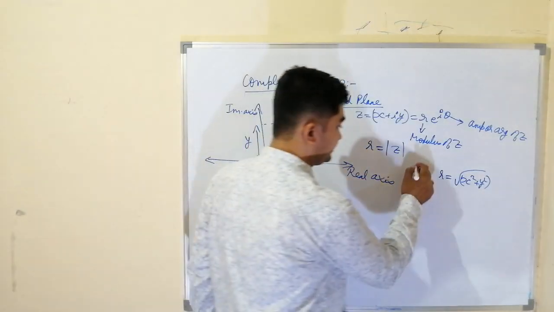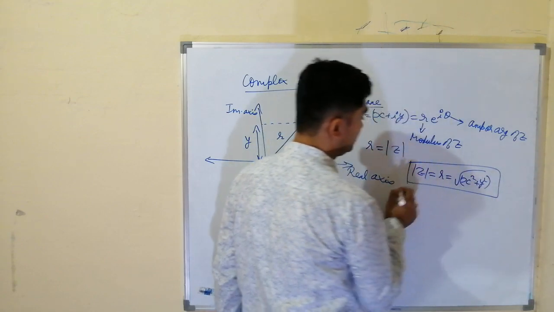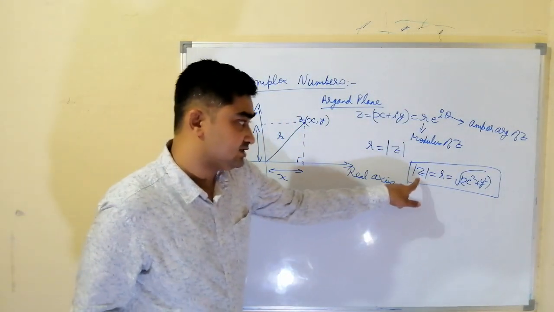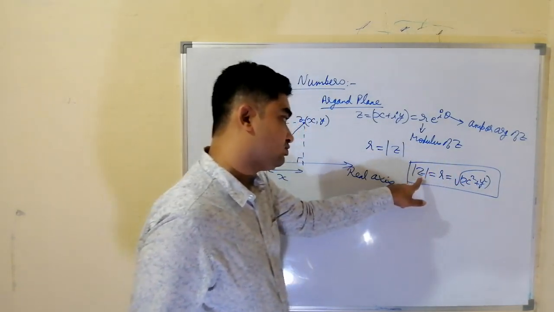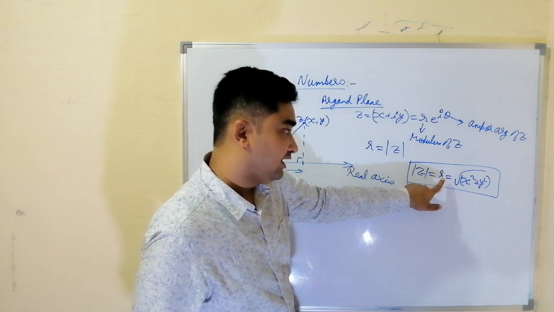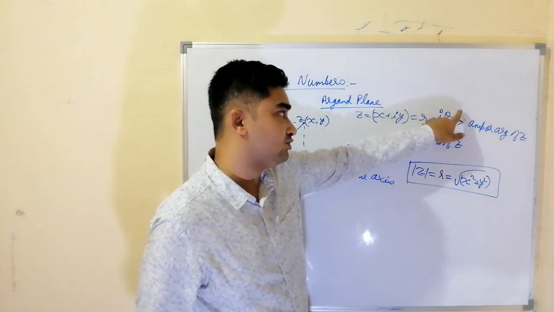What is r? It is the magnitude or modulus of z. That means if z is x plus iota y, then its modulus is under root of x square plus y square, which is also written as r. If r is the modulus, the complex number can also be written as r into e power iota theta.